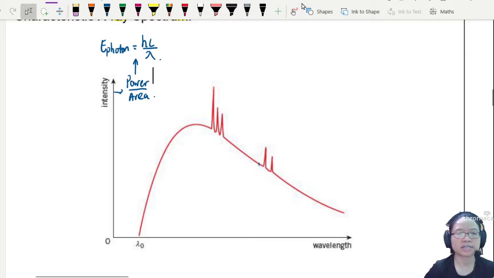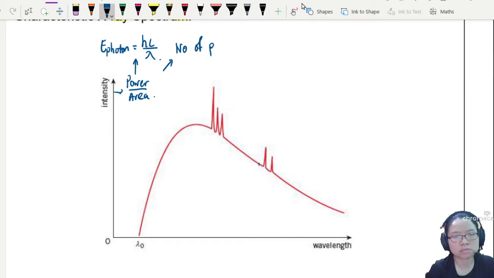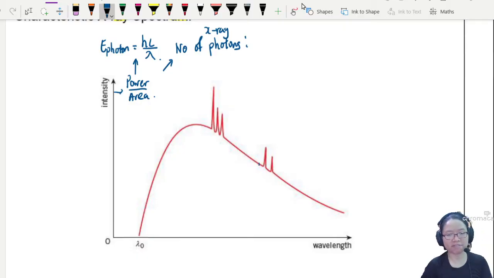So this intensity here depends on this, but at the same time, you also have the number of X-ray photons. The number of X-ray photons depends on how many photons you have of this particular wavelength, lambda naught.